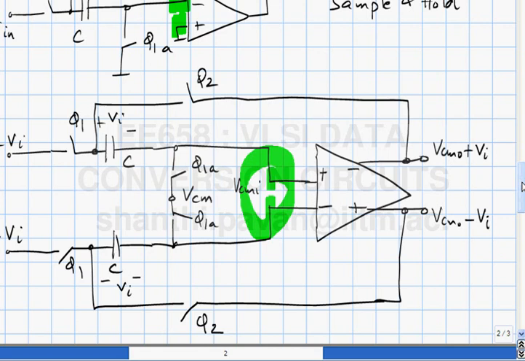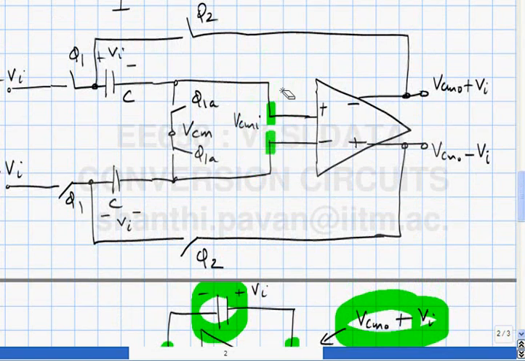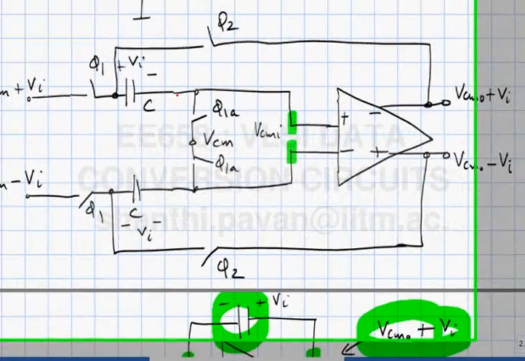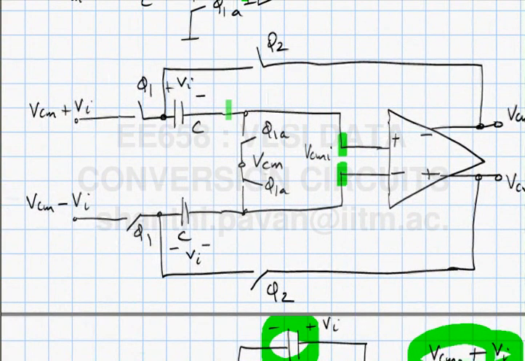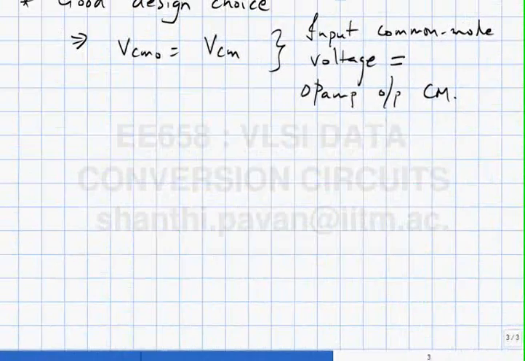So, concluding remarks. One issue that somebody raised was, why don't I simply short these two? Why bother about an input common mode voltage at all? Tell you what the question is.